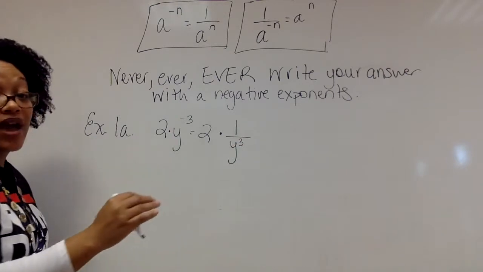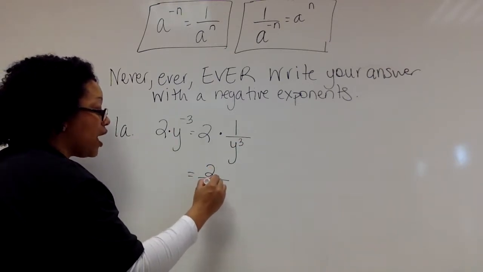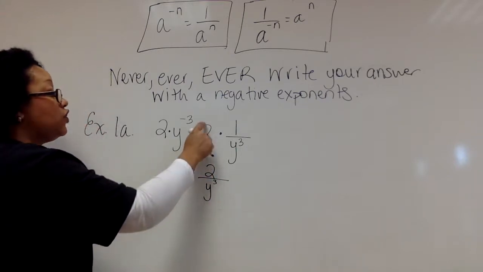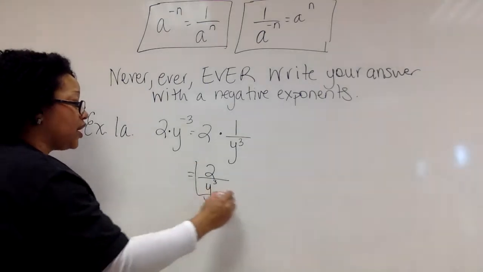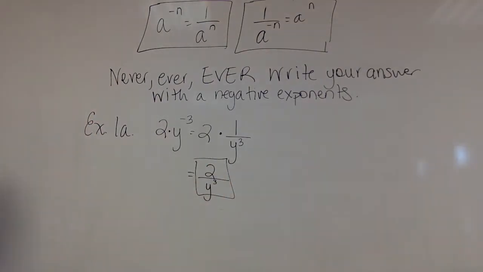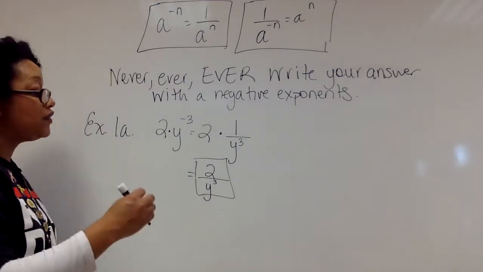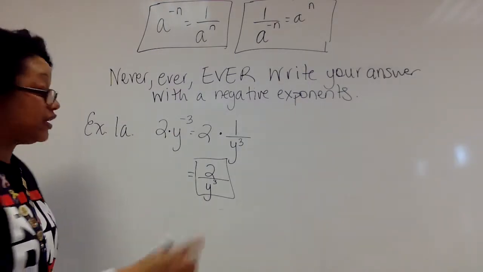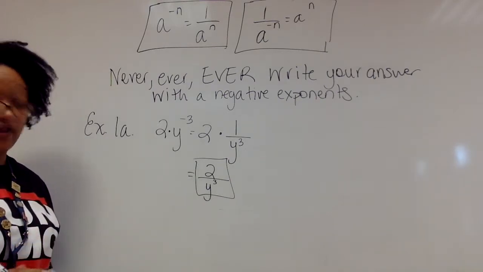But you can rewrite it to say 2 divided by y to the third power, because 2 times 1 is 2, so the 2 would just go on top. And then you're done. You box your answer. So now I have my final answer, positive exponent, and the reason why I know that it was a negative exponent is because it's in a fraction. Okay? So that's letter A.